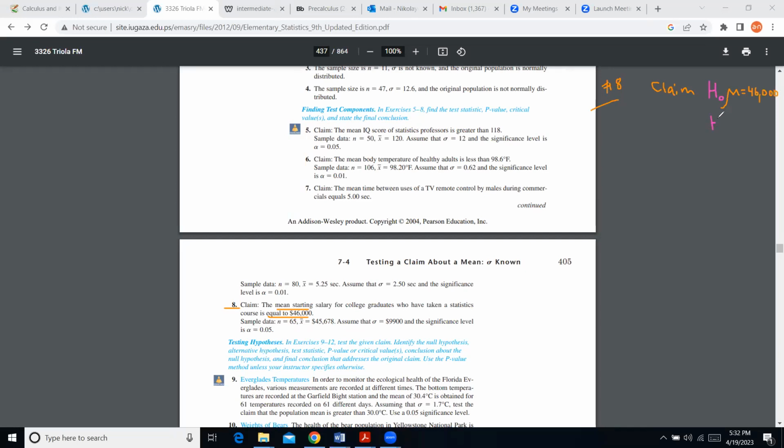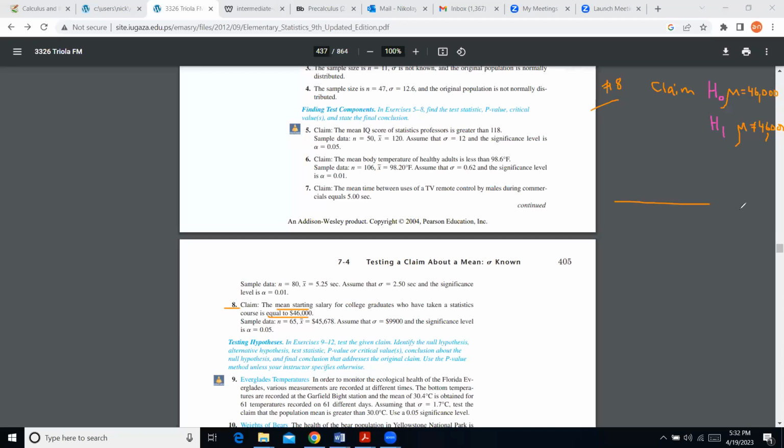So the opposite of equal will be not equal. So that will be my H1, the alternative hypothesis to the one we have here.